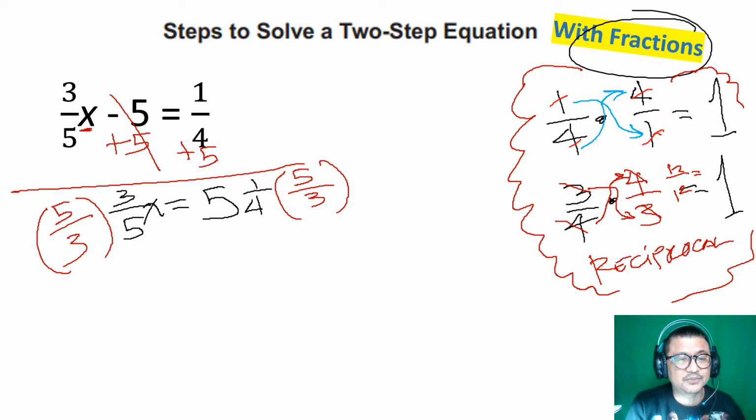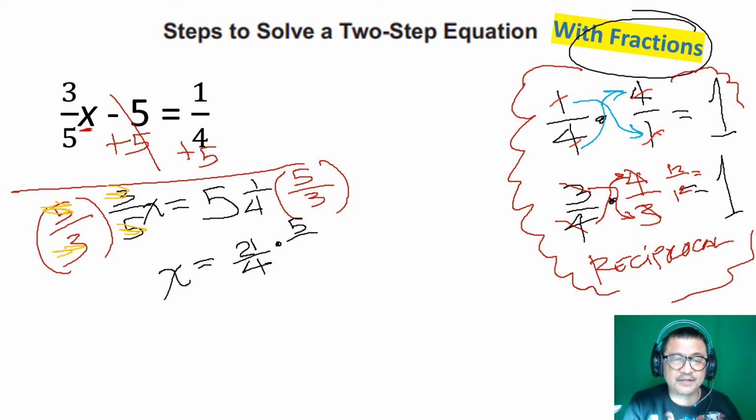Why? So that you could cancel the 5, cancel the 3, cancel the 3. On the left side of the equation, x is now alone. So 5 and 1/4 times 5/3. 5 and 1/4 is actually 21 over 4. Multiply it by 5/3. Okay, x is equal to, you can simplify your 21 and 3, divide by 3, 1, divide by 3, 7.